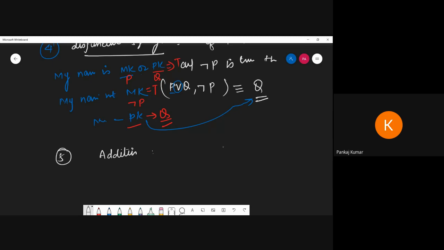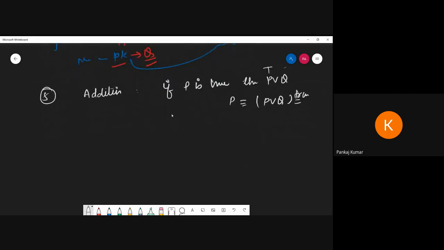Addition: if P is true, then we can say that P union Q is true. We can derive like this. P union Q is true. अगर ये ट्रू है तो इधर क्या भी हो, ट्रू है फॉल्स ऐसे में कोई फर्क नहीं पड़ता, P ट्रू ही होगा. So that is the way. So you already know.